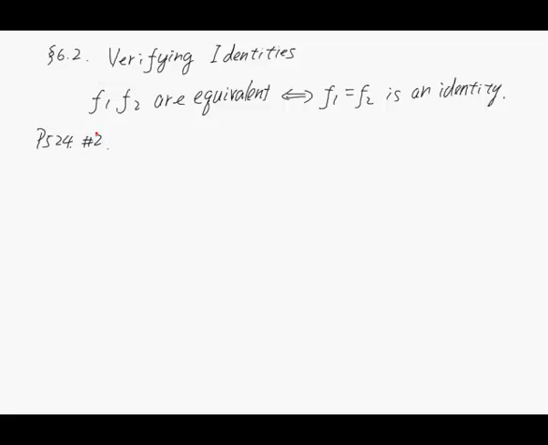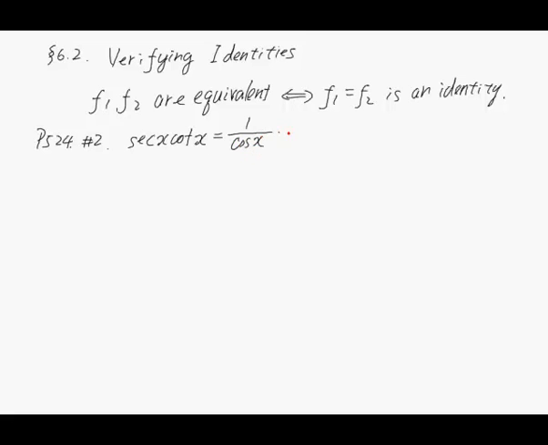Number 2. We have the secant x times cotangent x, and we try to simplify this expression. We just rewrite the secant and cotangent in terms of sine and cosine. For the secant, we use the reciprocal identity, 1 over cosine x.